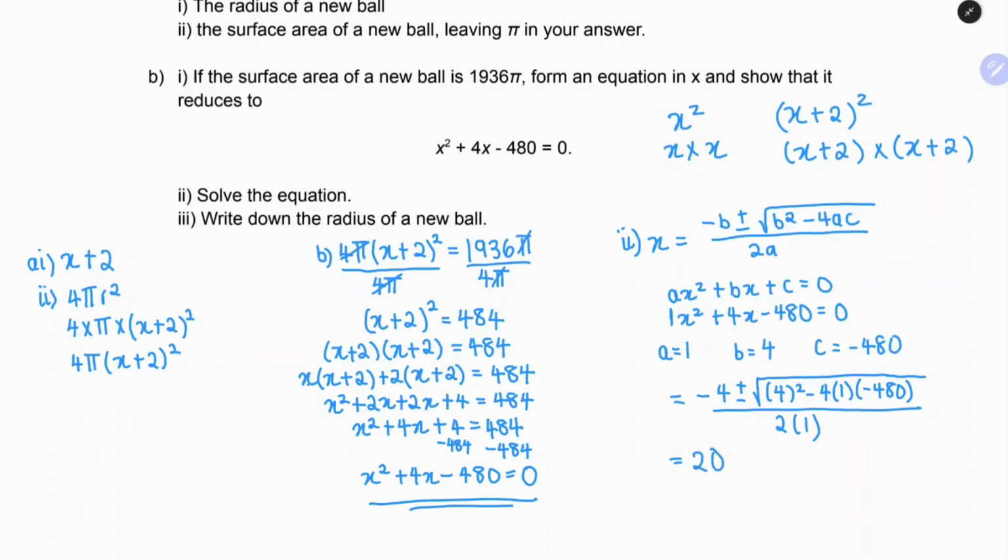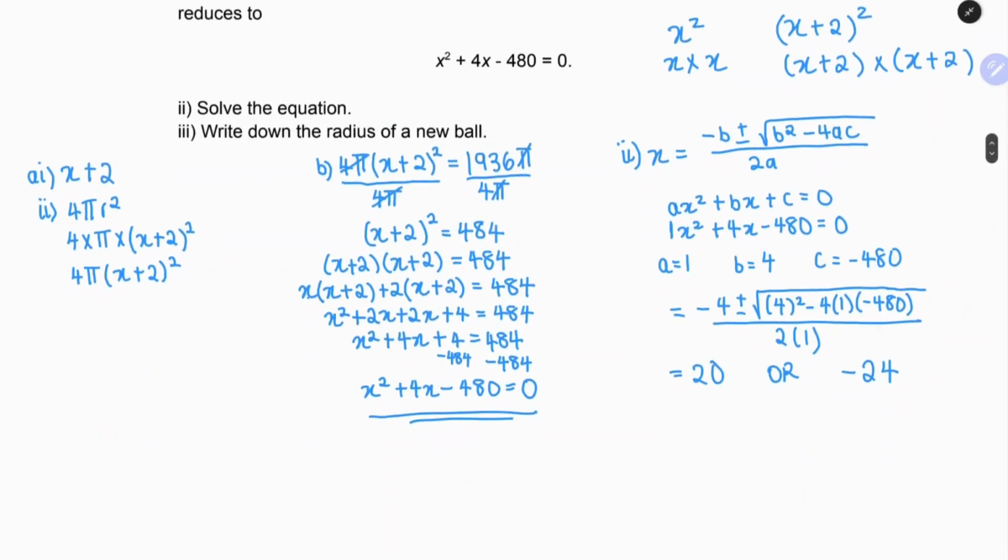And remember that we would obviously have 2 answers. So the first one you put a plus, the second one you put a minus, following the same rationale that we did in the previous question. If I put a minus, it's going to give me negative 24. So negative 4 plus or minus: the first time you put plus and put in everything else, then divide by 2 times 1.